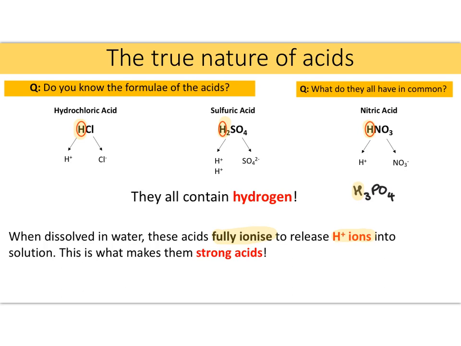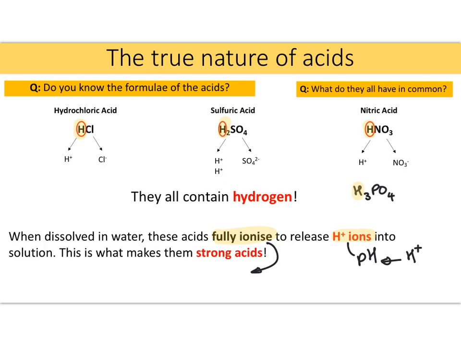If you think about how we measure the strength of acids, using the pH scale, the H there represents hydrogen. So really what we're measuring is how many hydrogen ions. That's essentially what the pH scale does, but we will look at that a little bit more. So this fully ionized bit, what does it really mean?